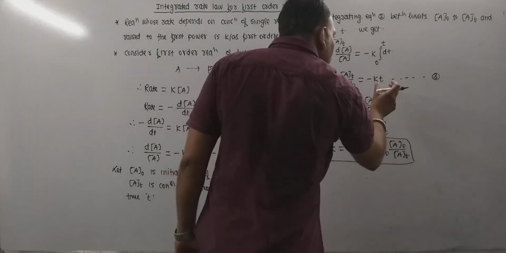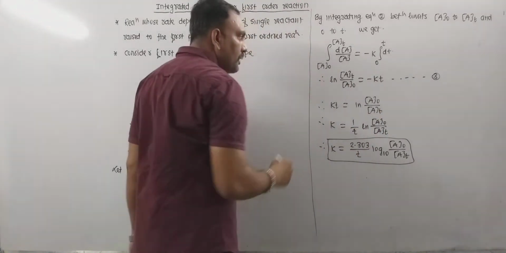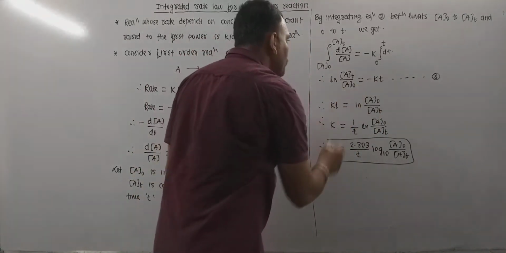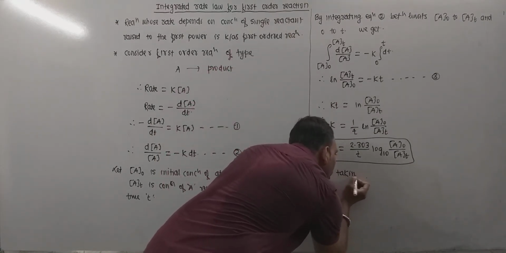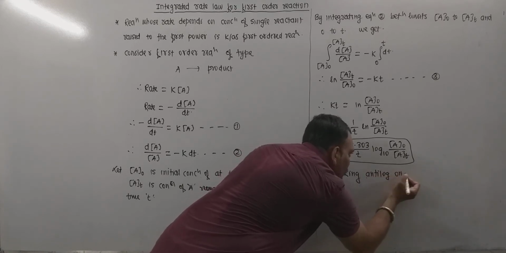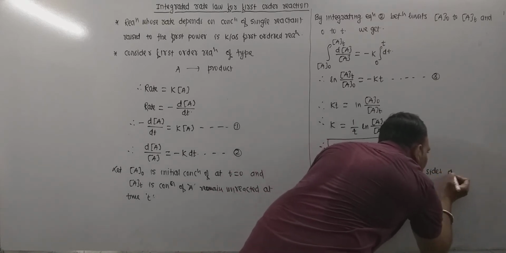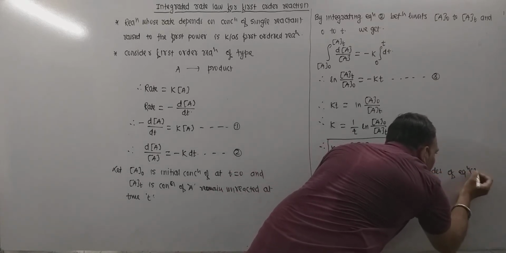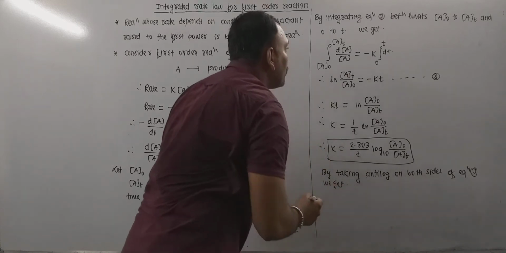Now take a look at equation number 3. If we take antilog on both sides of equation 3, we get the exponential form of it.